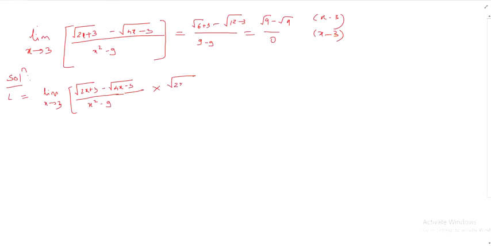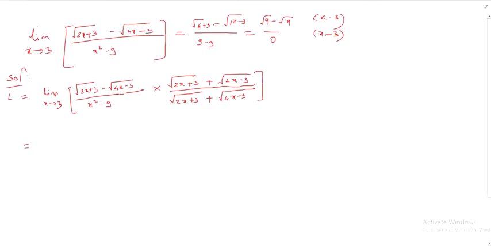Since there is a negative sign, therefore we have to take a positive sign here, its opposite. Conjugate means opposite, and the same term here plus root 4x minus 3, isn't it?